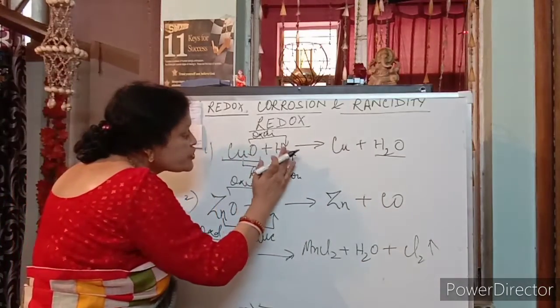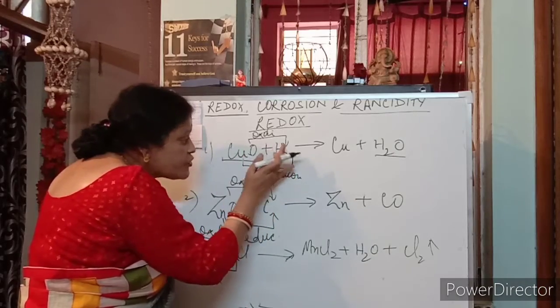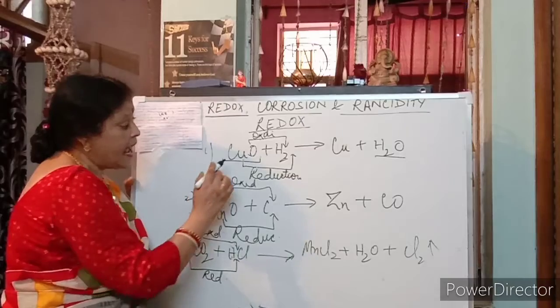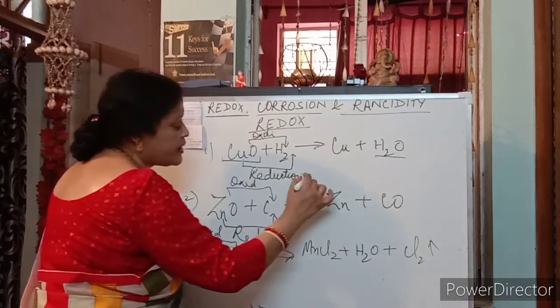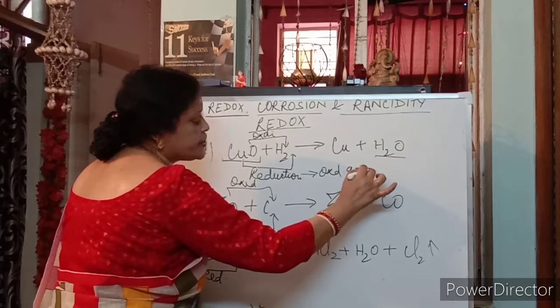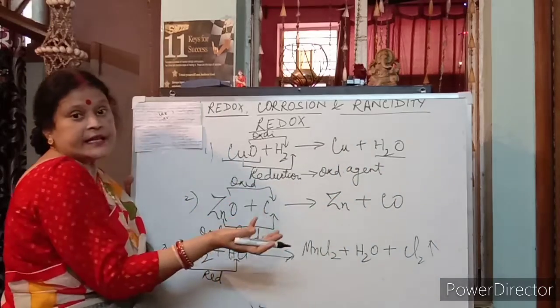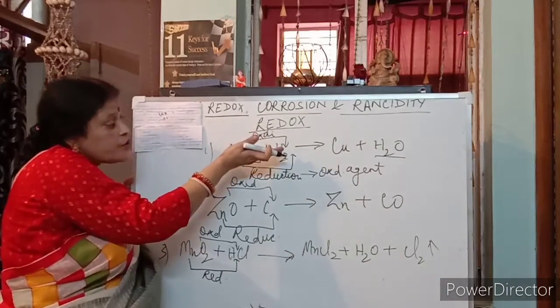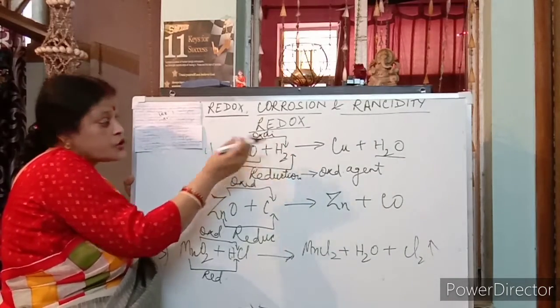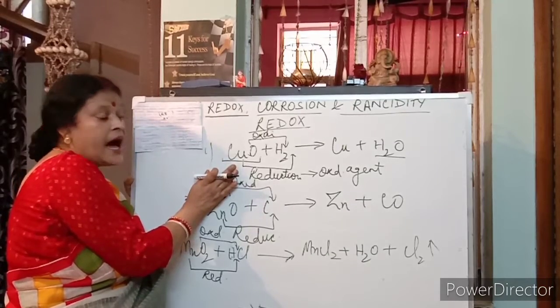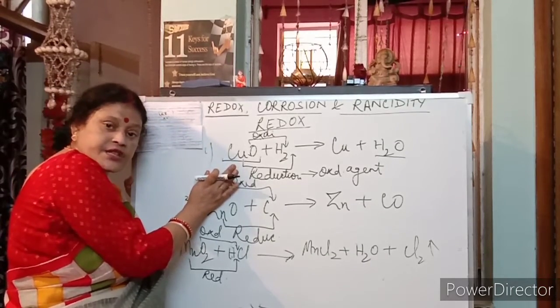So removal of oxygen, providing oxygen to hydrogen, itself it is reduced, which is reduction, and it becomes an oxidizing agent. Agent means providing. Why is it called an oxidizing agent? Because it is providing oxygen to hydrogen to form water. So itself it is reducing, that means reduction is going on, and it is known as an oxidizing agent.